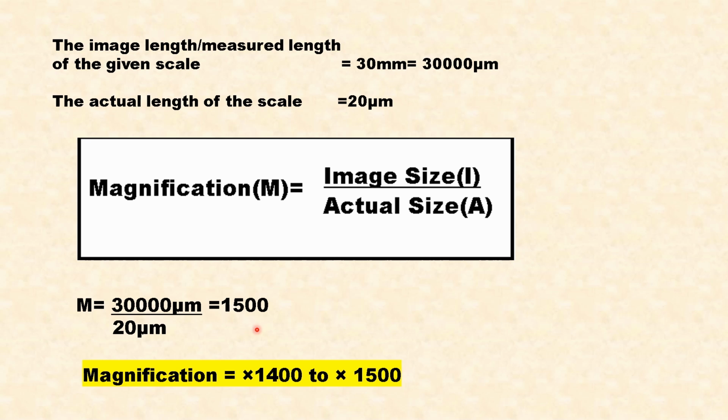So since the answer is already in two significant figures, there is no further rounding needed. However, if your measurement was 29 millimeters or 31 millimeters, you would adjust the answer accordingly, making sure to round it to significant figures.